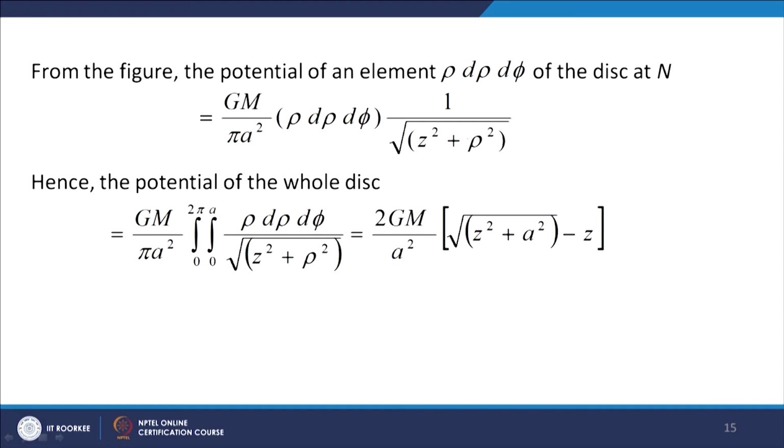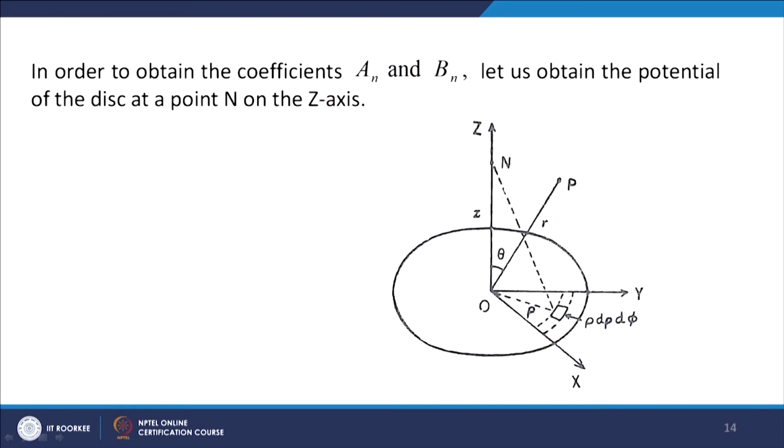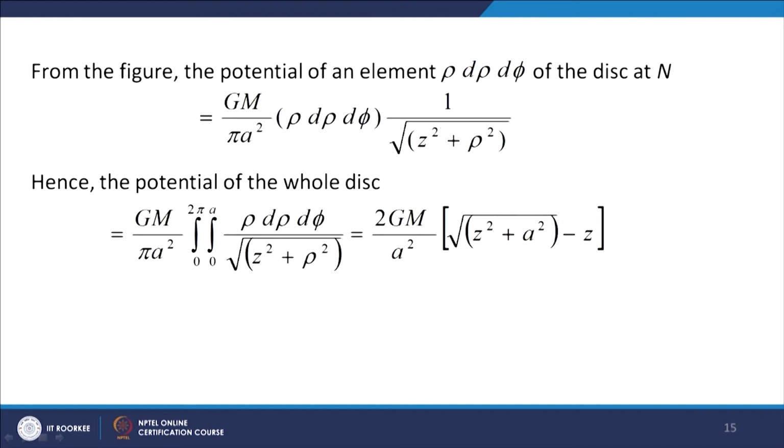Root z square plus rho square is the distance of the point, because we know that the potential is G m over r. Here r is under root z square plus rho square.